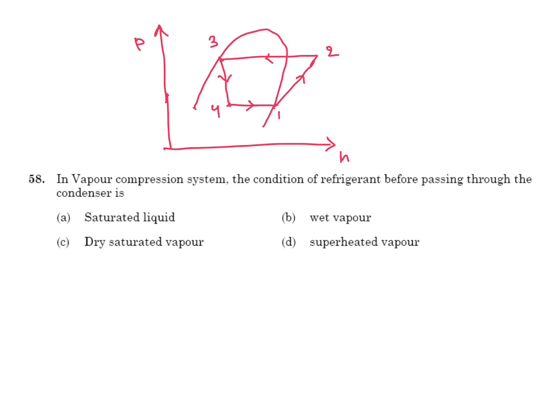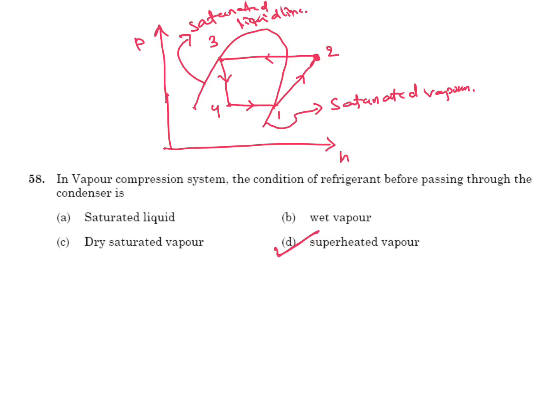So here they ask the condition of refrigerant before passing through the condenser. So at point 2 it's superheated only. So superheated vapor. D is your correct answer. This line is your saturated vapor line. And this line is your saturated liquid line. This is not a line, this is a curve.